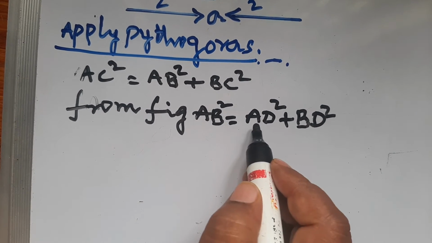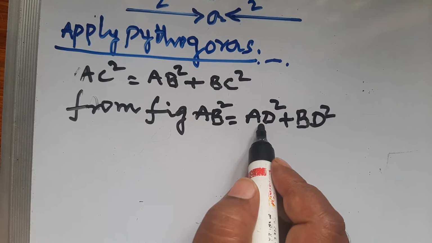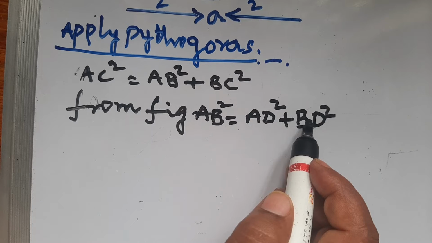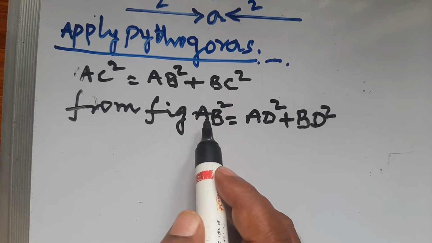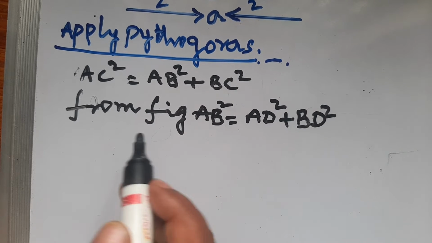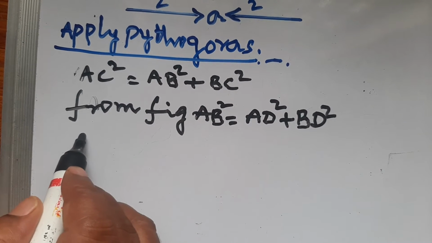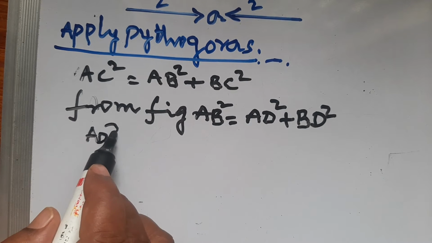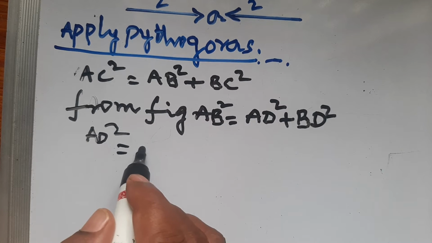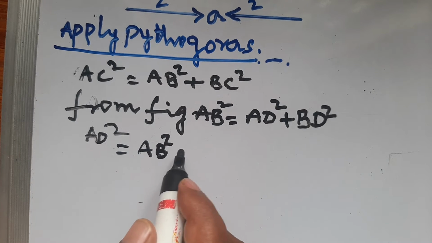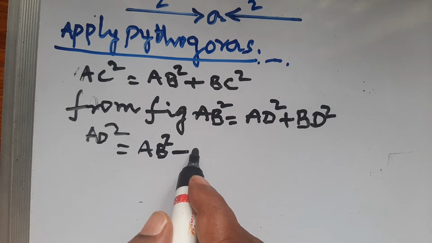We need to find AD square. So AD square, if you want, BD square we must send from the right hand side, and if you send to the left hand side, plus BD square becomes minus BD square. Therefore, we can write AD square is equal to AB square minus BD square.